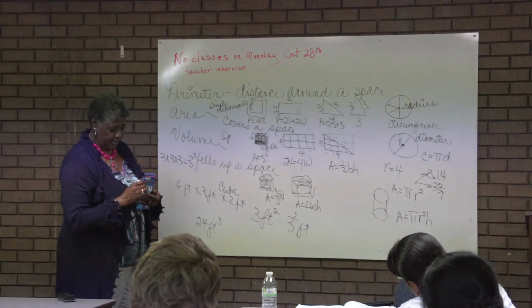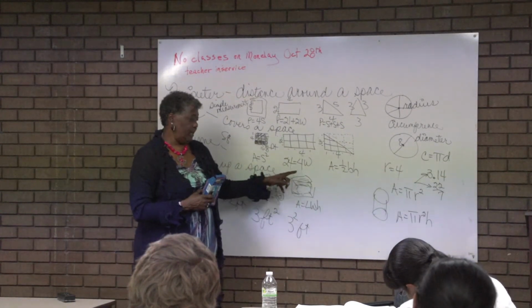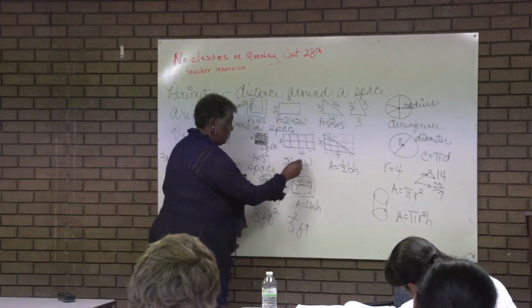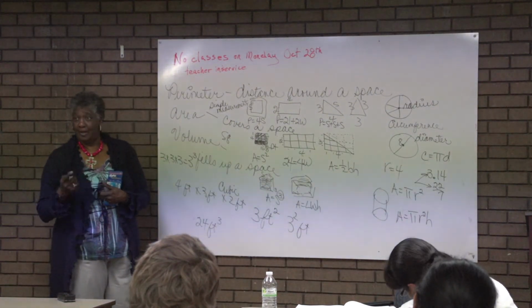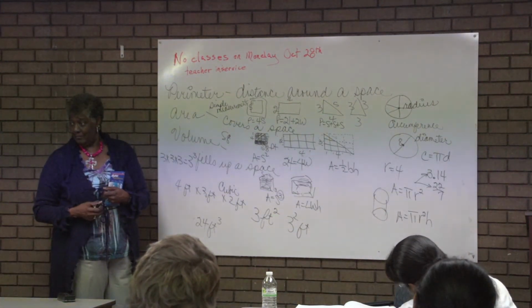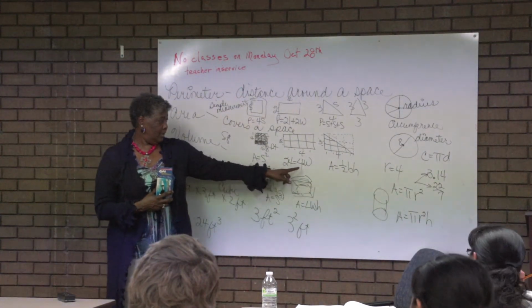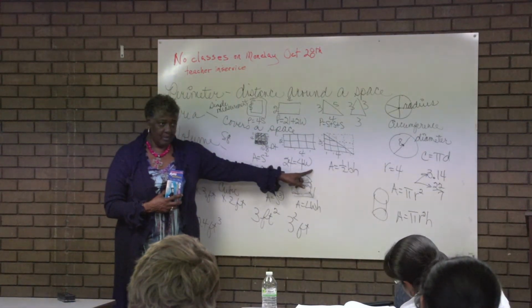They're not always looking for the area. They can give you the area, give you the length, and they say, what is the width? Well, what would it have to be? Have to be 6, right? If the area is 24 and the length is 4, the width would have to be 6.